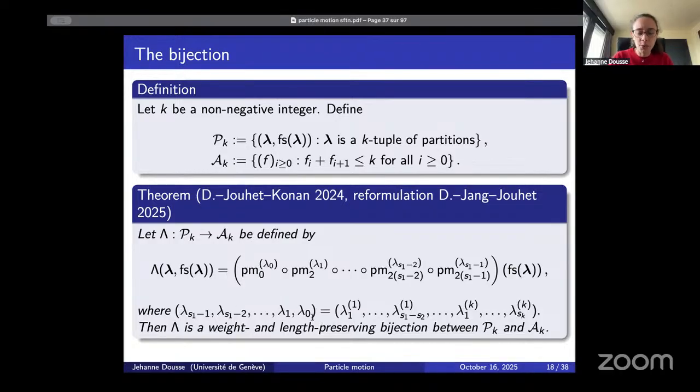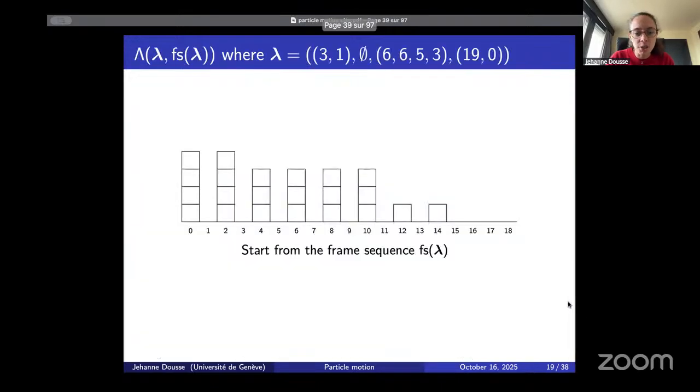So to simplify notation, initially the k-tuple of partitions was written like this: a partition lambda 1, etc., a partition lambda k. Actually, we just write them all in a row and name their parts lambda s1 minus 1, etc., up to lambda 0. And we will insert those parts by particle motion exactly in that order from left to right. We will see an example on the next slide.